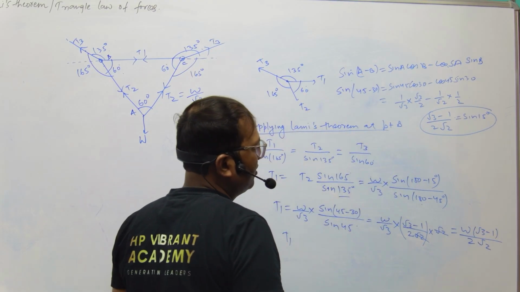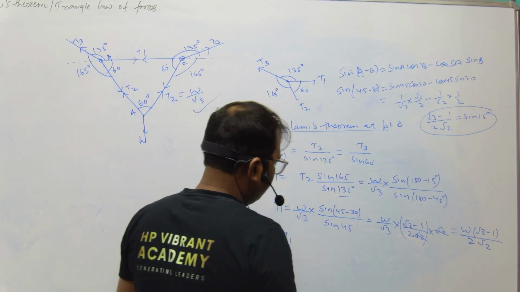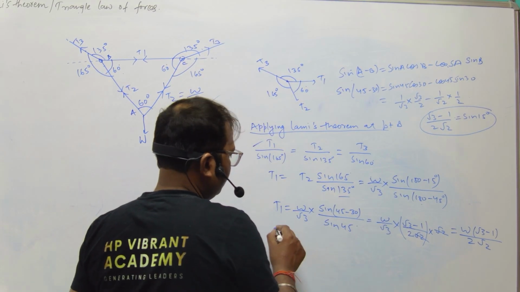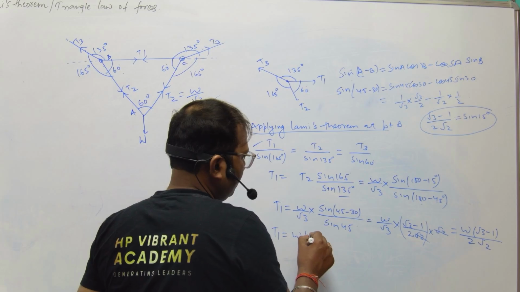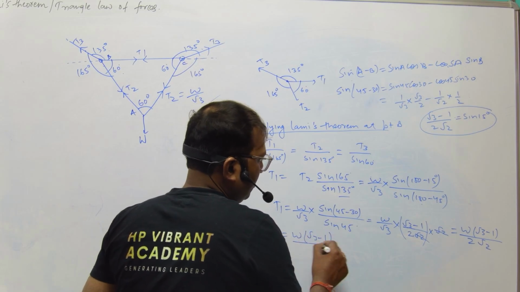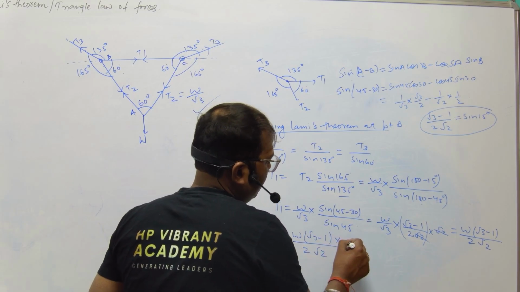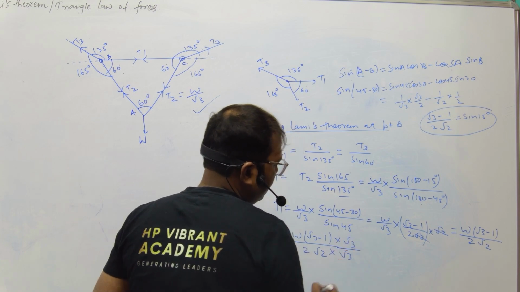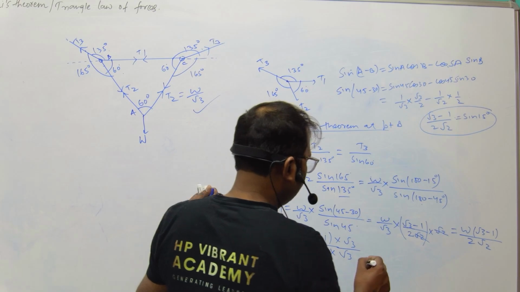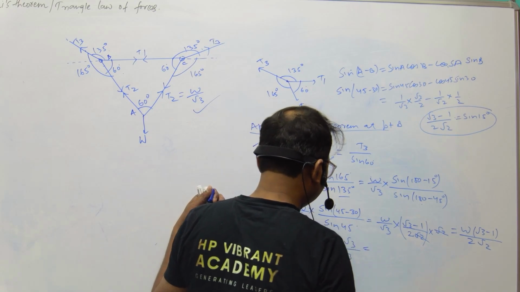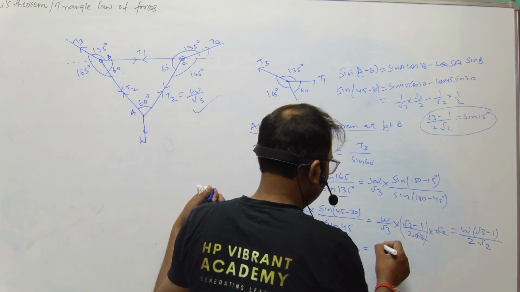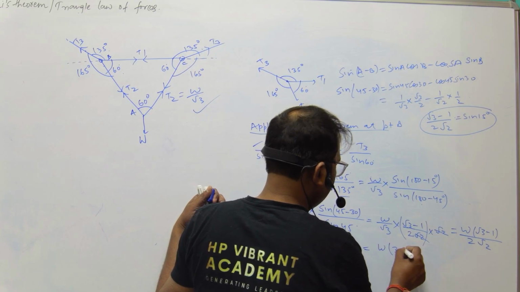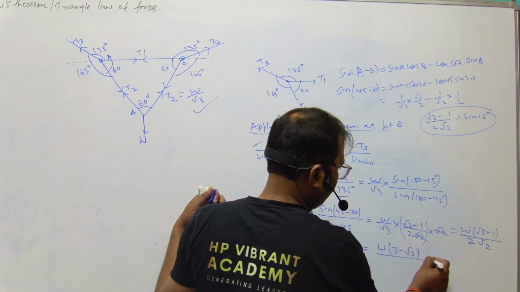Let us multiply by root 3 at top and bottom. So T1 is equal to W times root 3 minus 1 upon 2 root 3, with root 3 in the numerator and root 3 in the denominator.